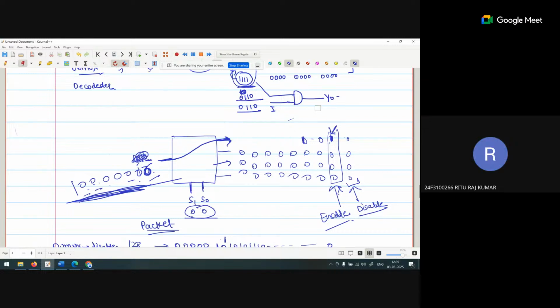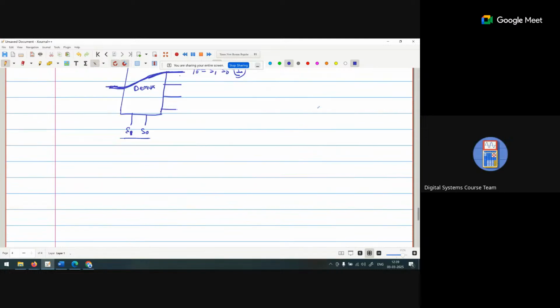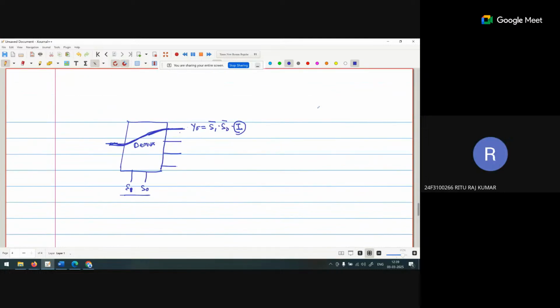Sir, if you give another input, instead of 1000, say 0111, then you are giving the output 0 1 1 1. Now what is the select line state? That is 0 0. When 0 0 is applied, the first bit is this one.